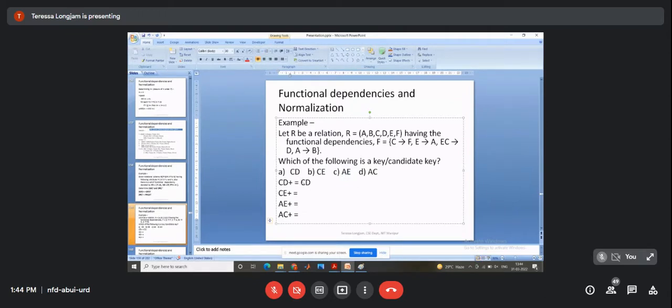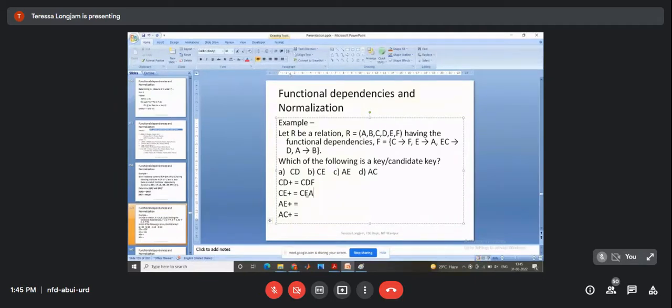Closure of CD will contain CD, and then it will have F. Just that much, that's it. Now what about closure of CE? This will be the candidate key.